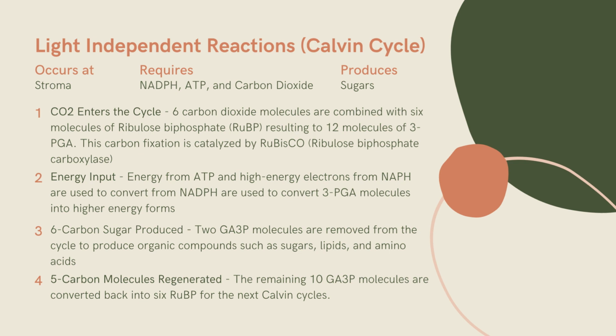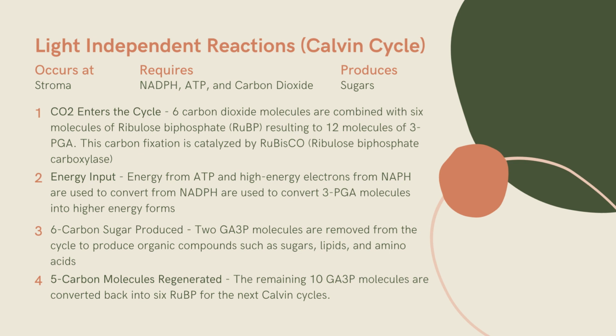So next, 6 carbon sugar produced. After that, 2 GA3P or glyceraldehyde 3-phosphate molecules are removed from the cycle to produce organic compounds such as sugars, lipids, and amino acids.